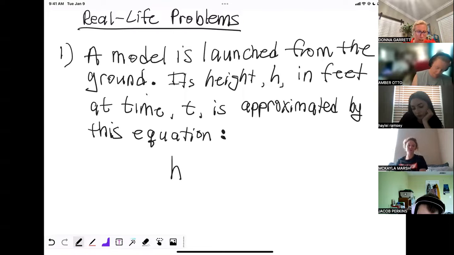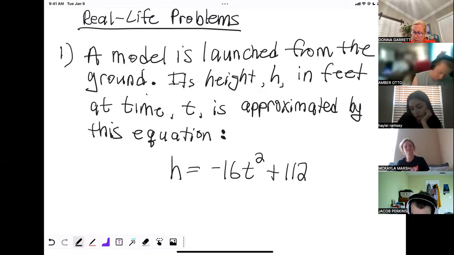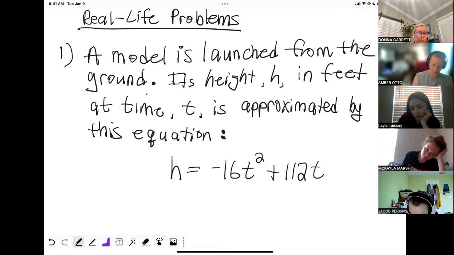I write the equation out: h equals -16t squared plus 112t. So they found the equation for the model, how it launches.